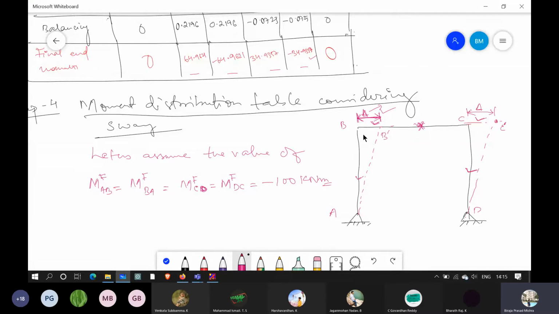Let us assume that this displacement or deformation is as a result of minus 100 kilonewton meter.